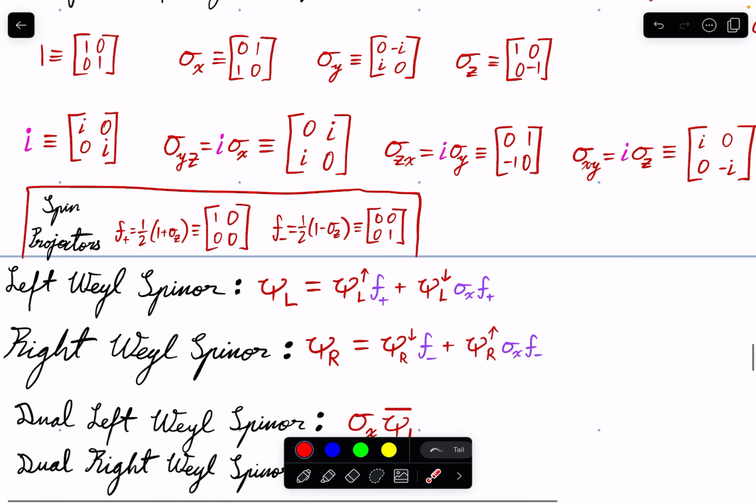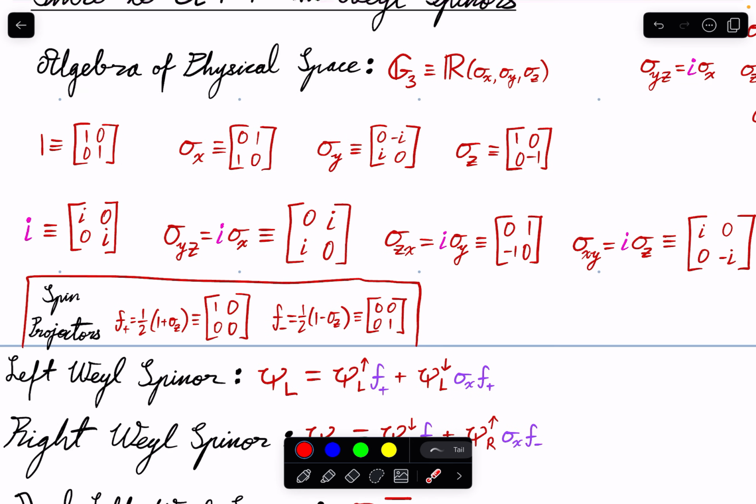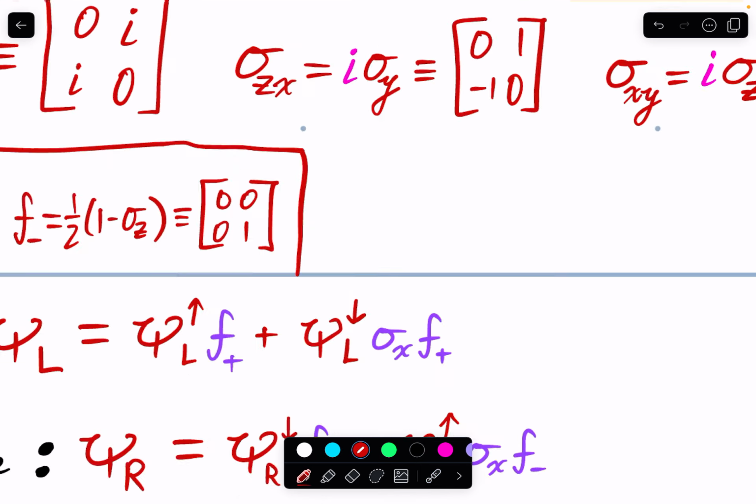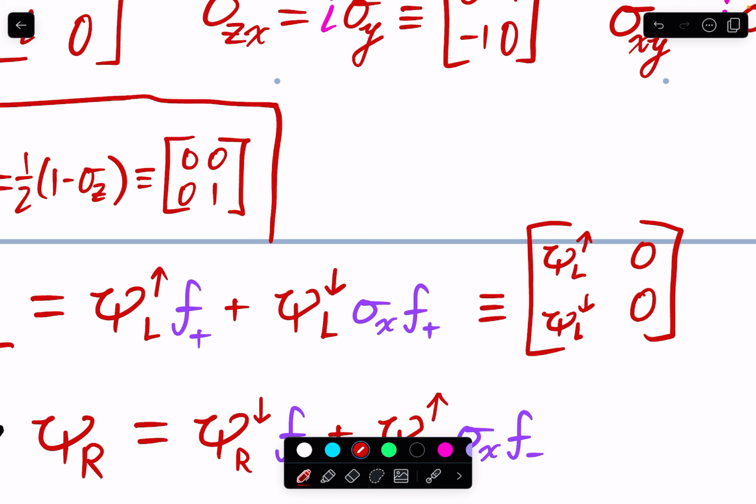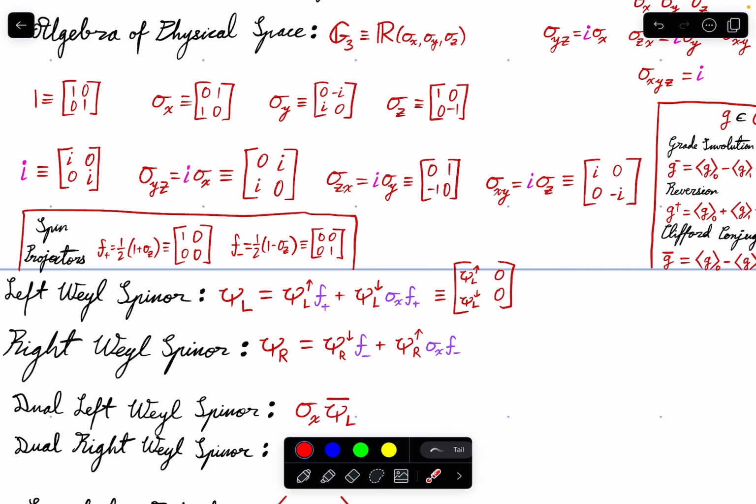If you have some general element in the algebra G3 and multiply it by this projector, you end up with a left Weyl spinor, with a matrix representation like the one I'm writing here. You end up with the spin up component and the spin down component like this.